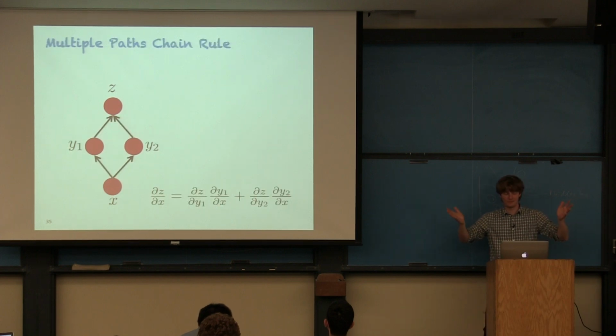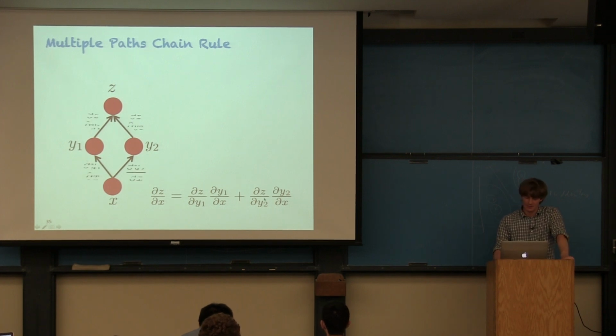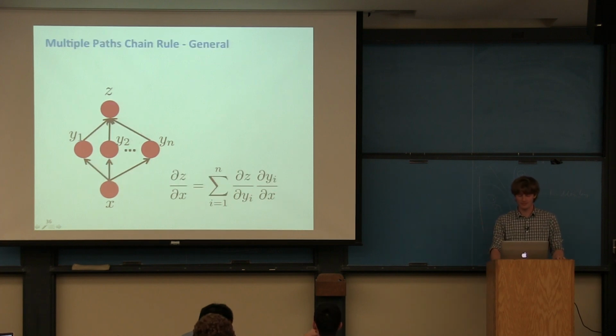Whenever you have two elements that one depends on, you'll have to sum them up. And again, you will compute first the derivatives at the top and then at the bottom. If you have multiple such elements in your hidden layer, then you basically sum over all of them to get the gradient of x.